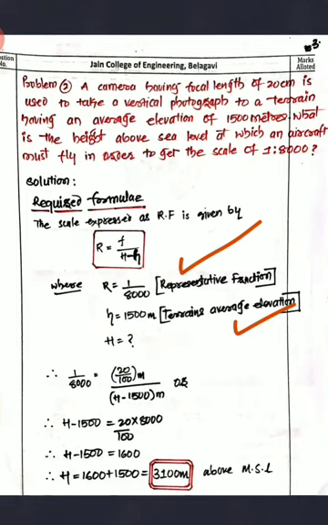Now it is very easy. R equals F divided by capital H minus small h. Now this R is 1:8000. F, you are going to convert in terms of meters as this is a representative factor. So I have converted that: 20 divided by 100, divided by H, since I don't know capital H, I'll keep that as it is, minus 1500 meters.